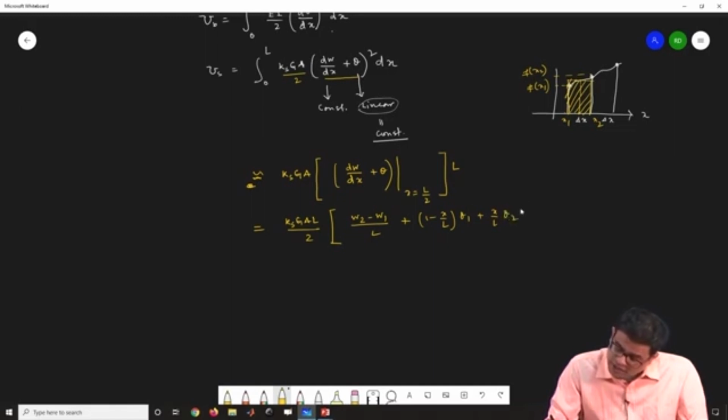This whole quantity has to be evaluated at x equals L by 2.